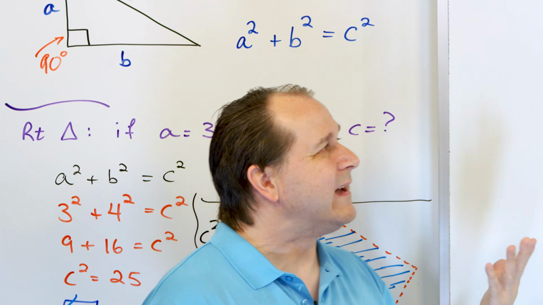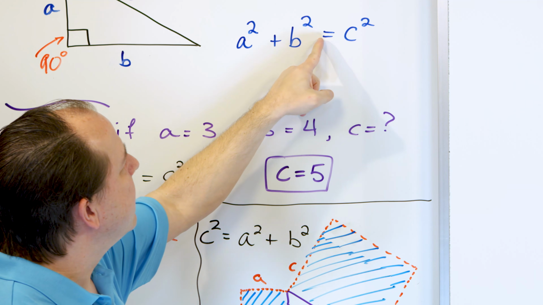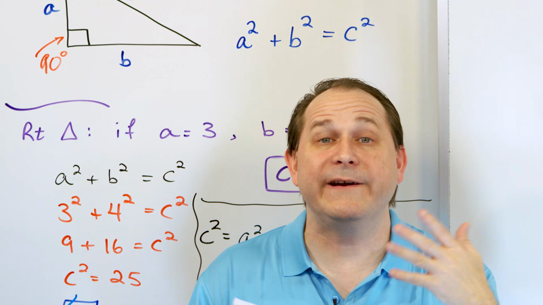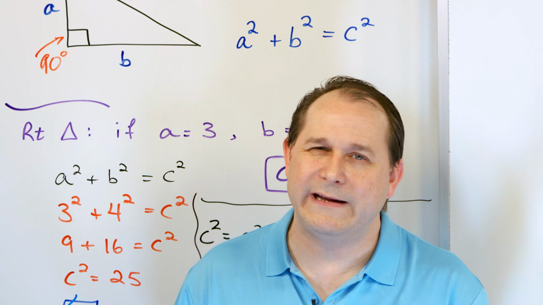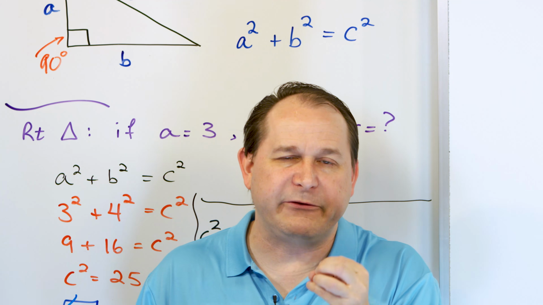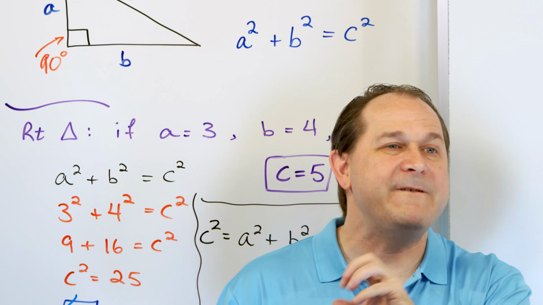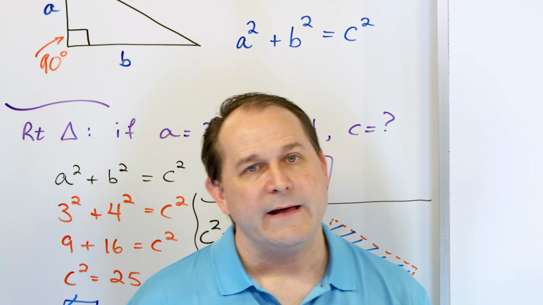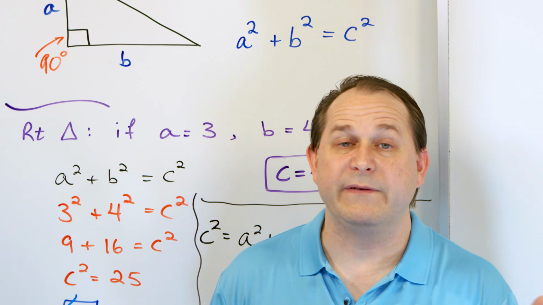So around a black hole, it's not going to be equal. It's going to be either bigger or smaller than this. And how different it is, or how much bigger or smaller it is than this equation, tells you how much more curved the space is. If the space and time is curved very, very extremely, then this thing will not hold at all. It'll be so different that it won't even be equal at all.